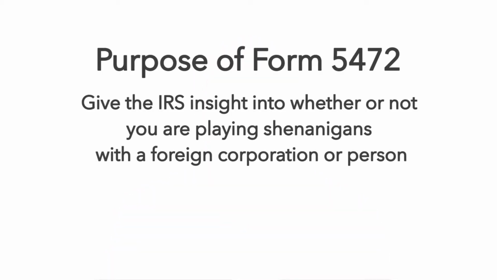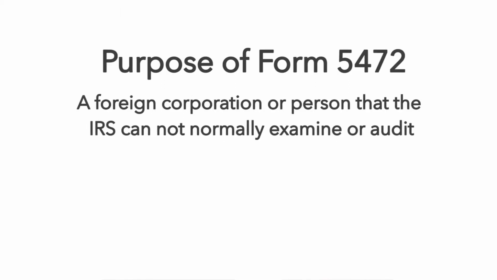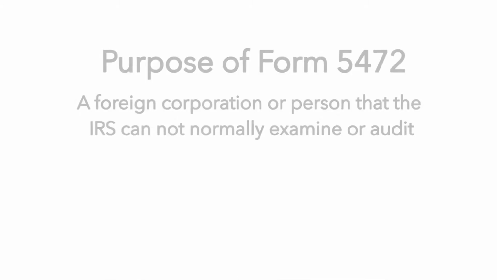And conversely, do you see how someone could claim that expenses of a foreign corporation were actually the expenses of a U.S. corporation, which too could also work to lower U.S. taxes? So the underlying purpose of Form 5472 is to give the IRS insight into whether or not you might be playing shenanigans with a foreign corporation or person. A foreign corporation or person that the IRS cannot normally examine or audit.